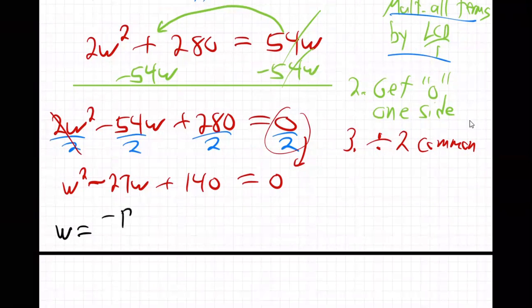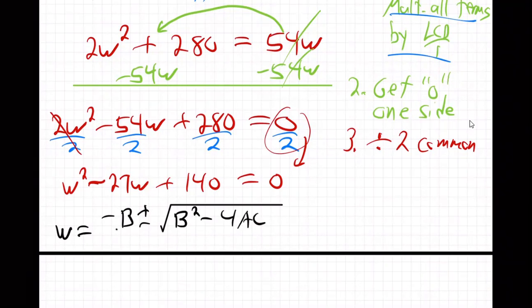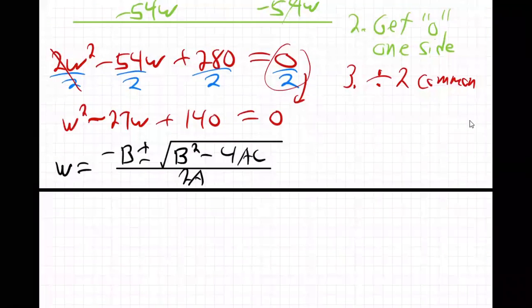So negative b plus or minus the square root of b squared minus 4ac all over 2a, right? And a is 1, b is minus 27, c is 140.